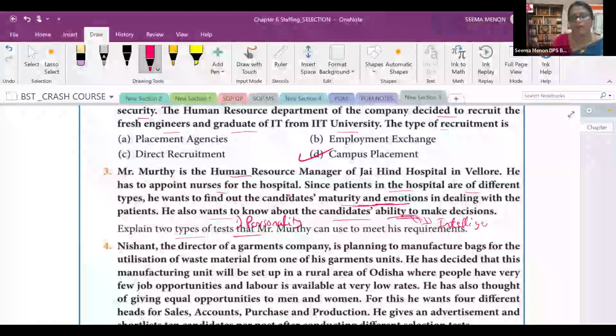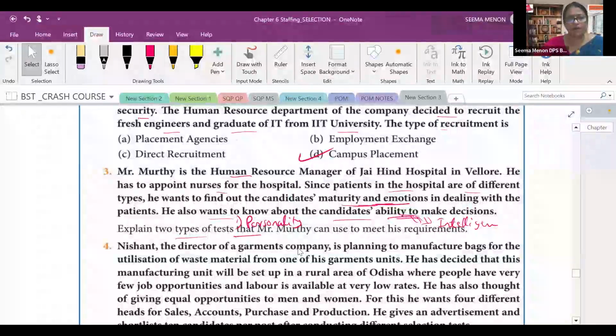Somewhere they will be asking you to mention two types of test by quoting. You have to quote the lines. Then you write. So quoting the lines, you will write candidate's maturity and emotion. From this it is a personality test. And from their ability to make a decision with the brain, what comes there? Intelligence test. I hope you are clear with this case study question.